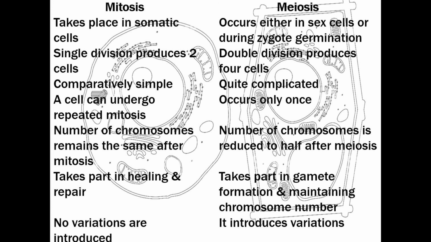Meiosis takes part in gamete formation and maintaining chromosome numbers. In mitosis, no variation is introduced. In meiosis, it introduces variations. So these are the very basic differences between the two processes.